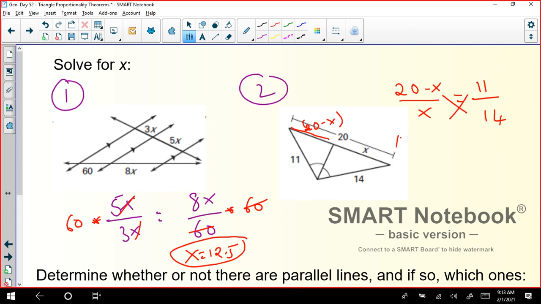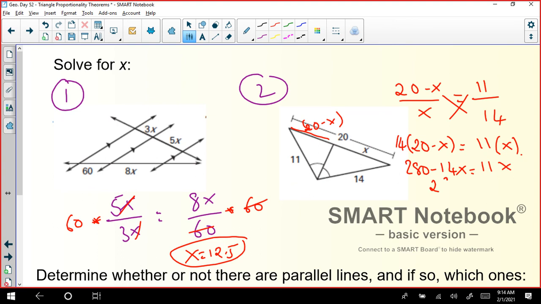So I'll have 14 times 20 minus x equals 11 times x. 14 times 20 is nothing but 280 minus 14x equals 11x.